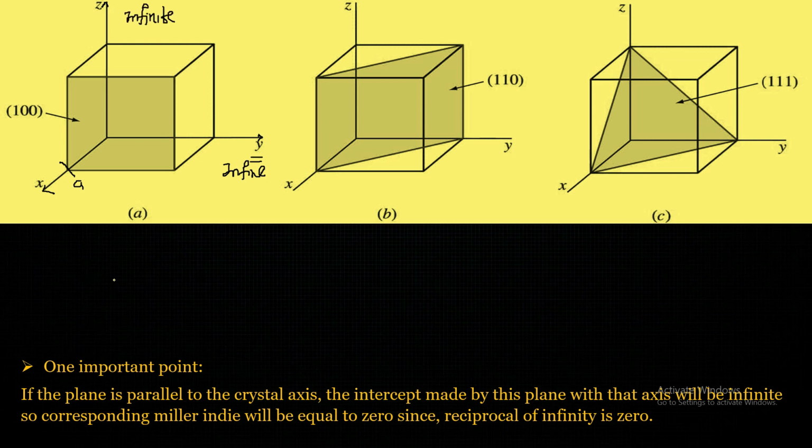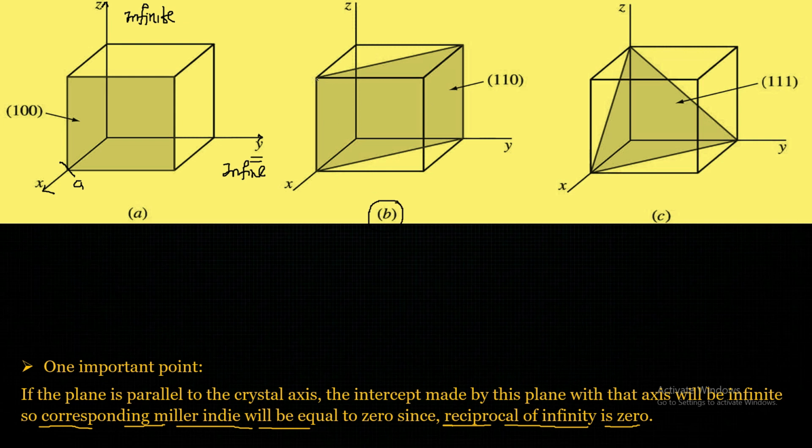If it is infinite, then its corresponding Miller index is 0, because the reciprocal of infinity is 0. Now we will discuss the second figure, B.